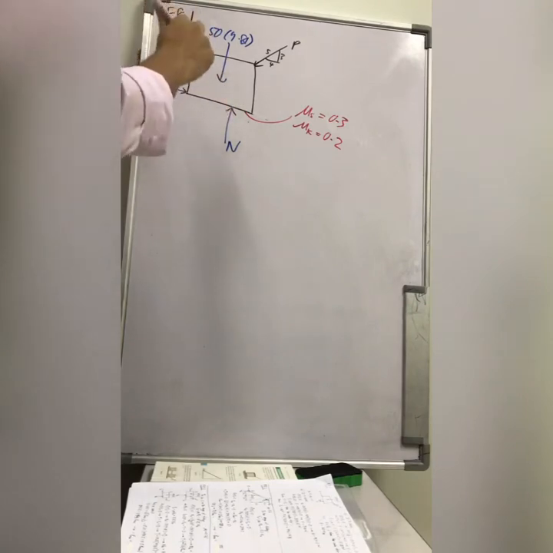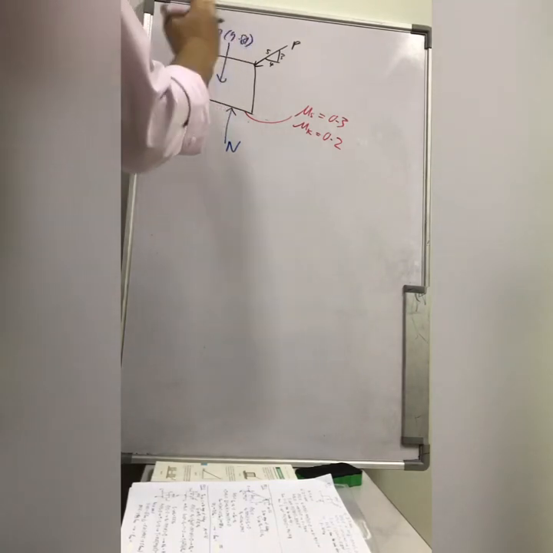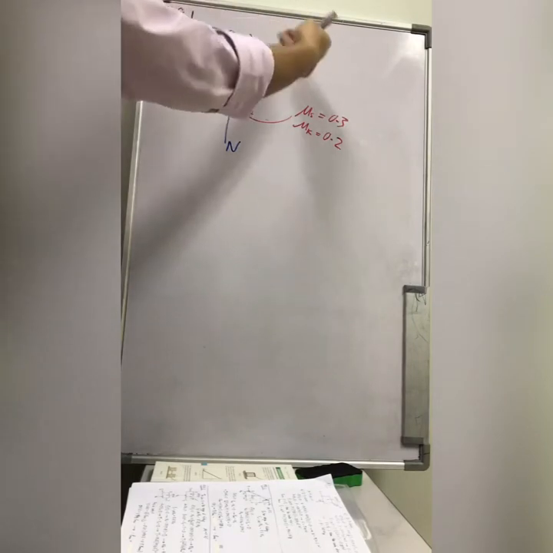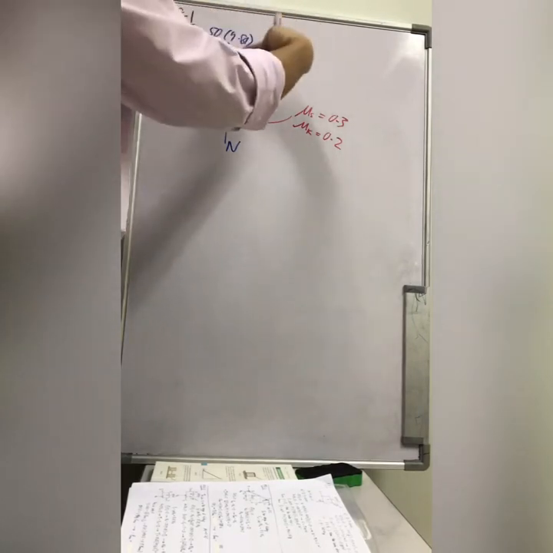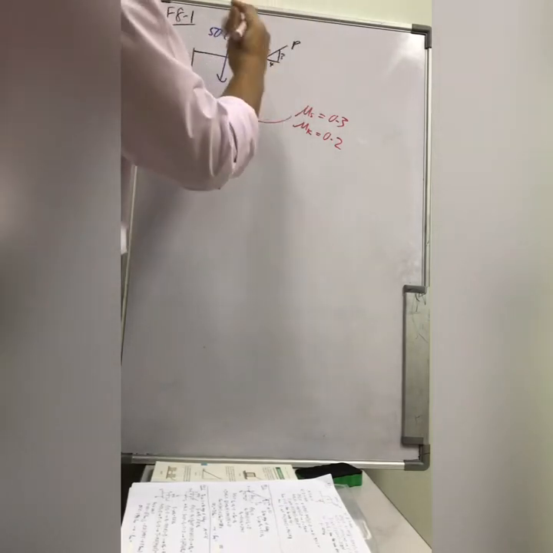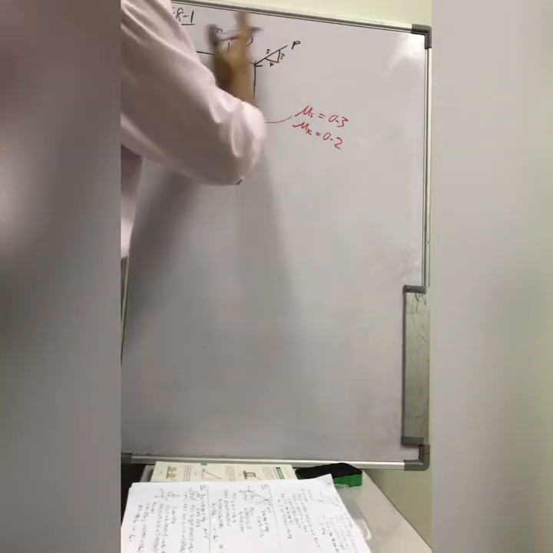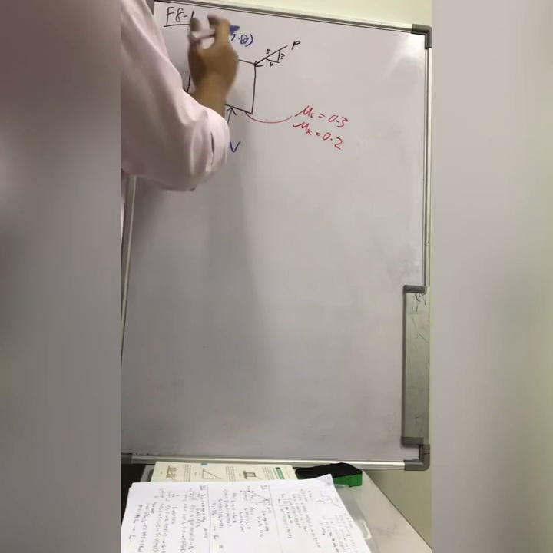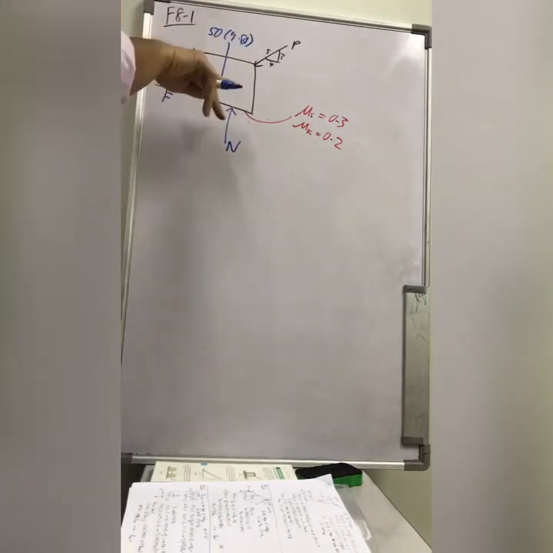Because it must oppose the possible direction of movement. The horizontal component of force P, the pushing force, pushes to the left, so F should resist that, so it goes to the right.